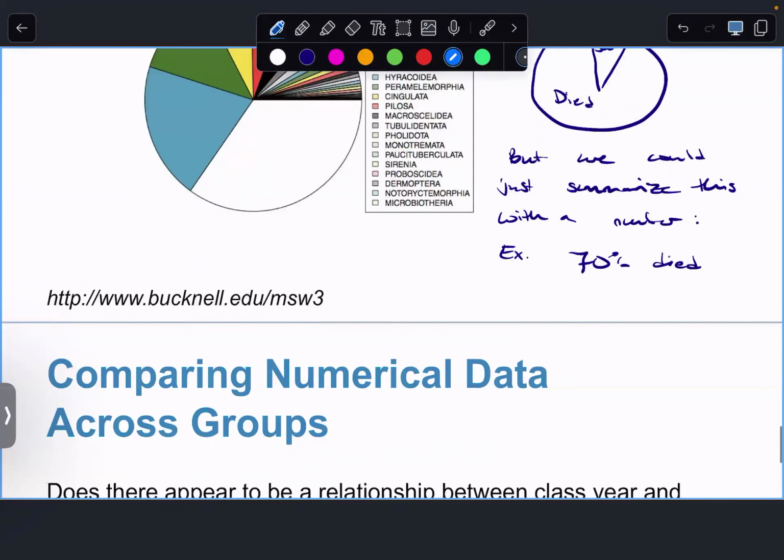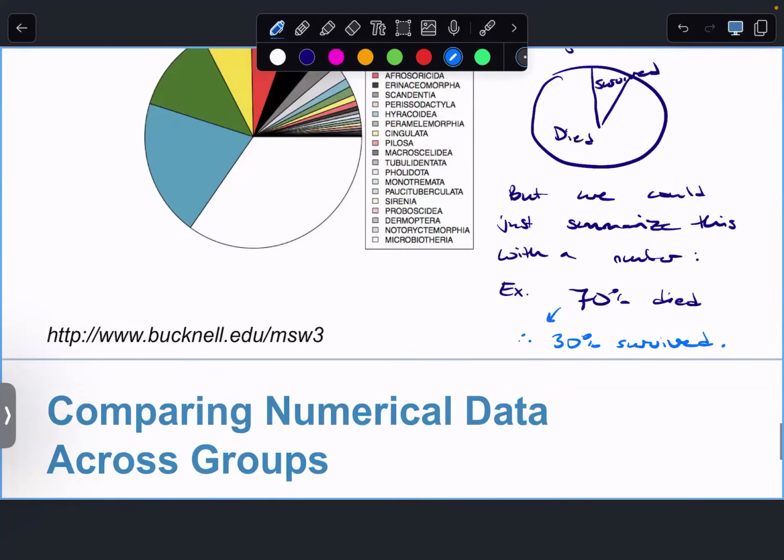That implies, therefore, 30% survived. Our brain handles that really well. And there's all kinds of interesting studies on what our brains can handle kind of naturally and what's difficult for our brains. And pie charts are one of those things where we don't do very well picking out these pies.